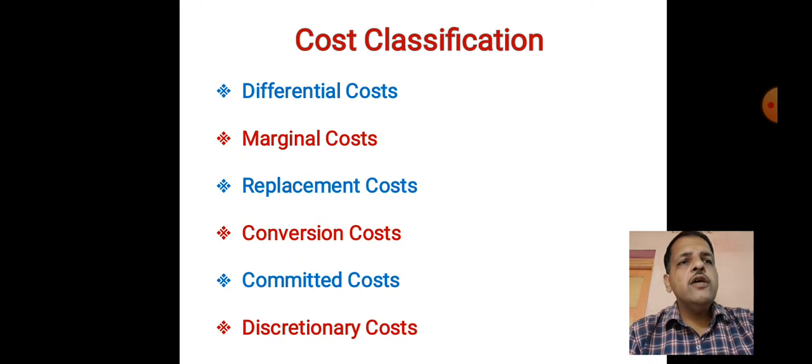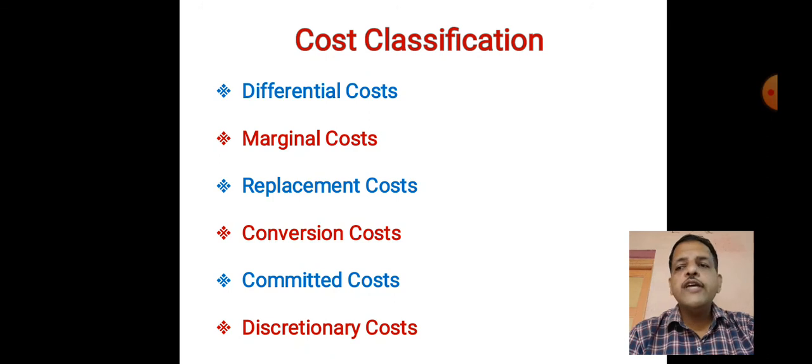Next is a very important concept which is called committed cost. These are the costs which cannot be avoided in the short run once the decision to incur them has been taken. Committed costs are such costs which we can't avoid in the short period.